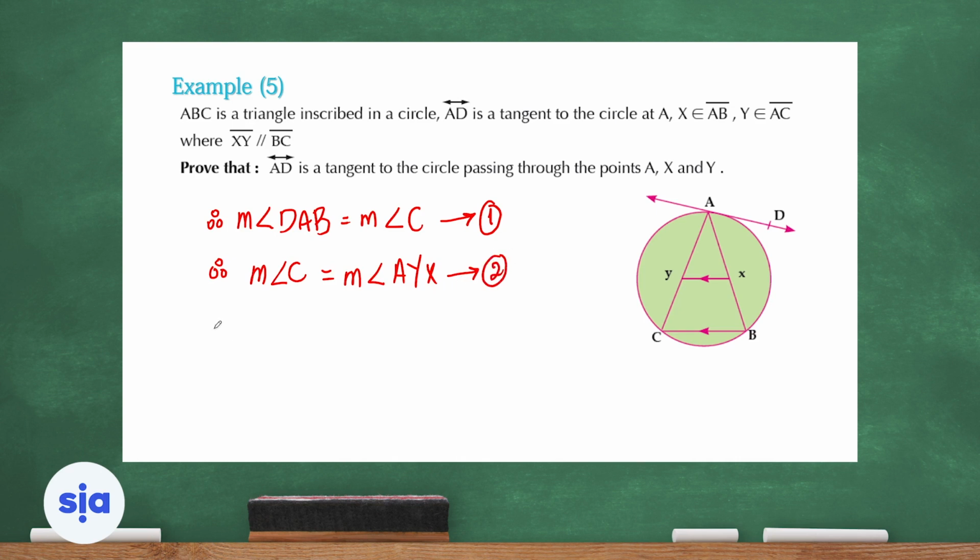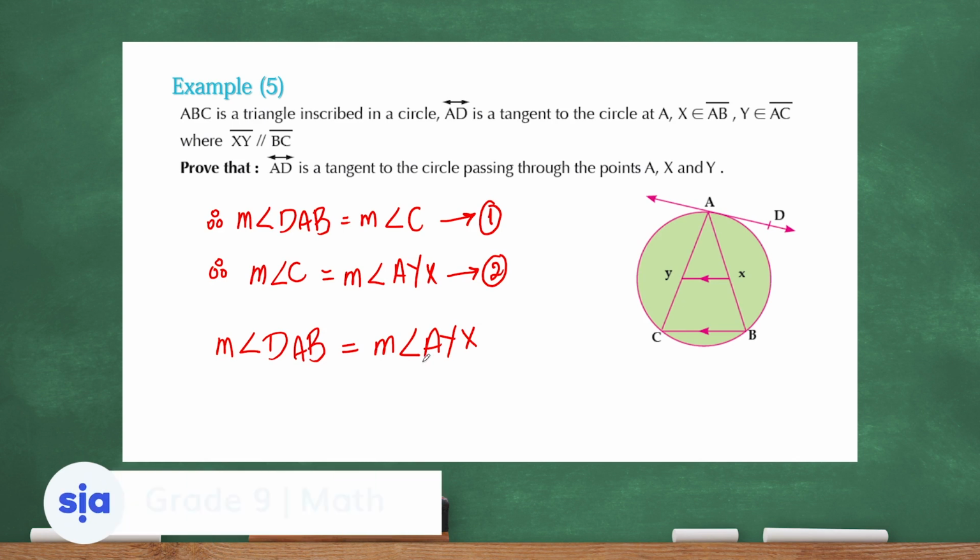From 1 and 2, you will see that the measure of angle DAB is equal to the measure of angle AYX. Therefore, AD is a tangent to the circle passing through the points A, X, and Y.